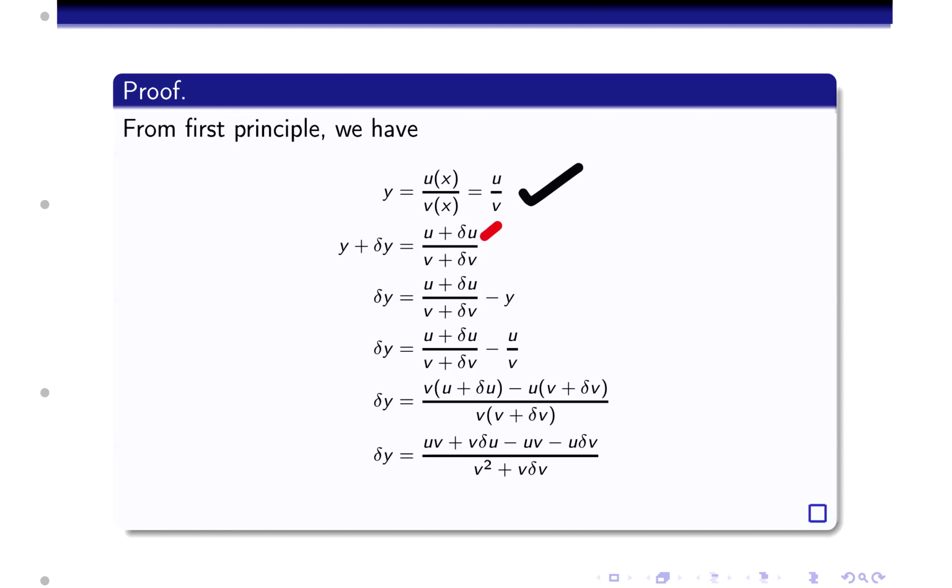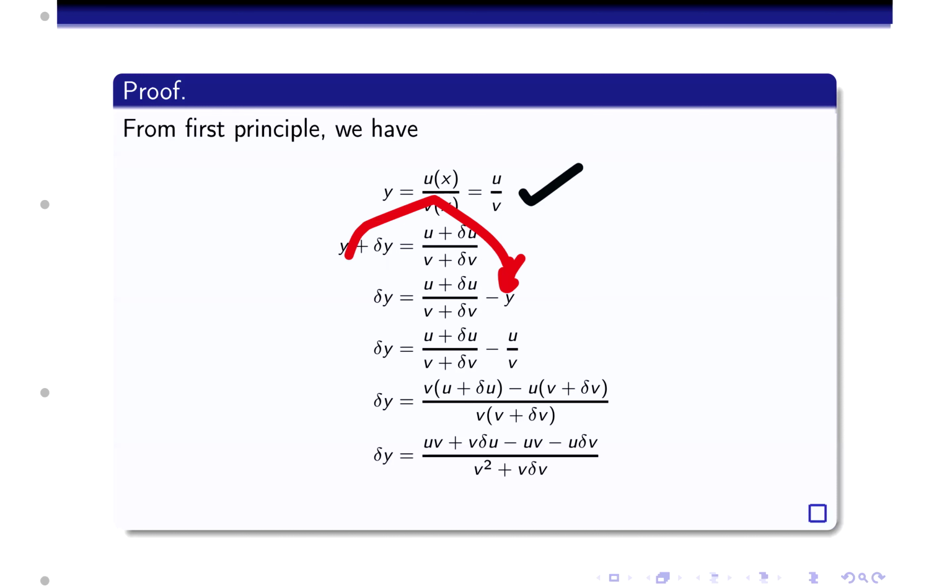That is, the little change delta u in u and the little change delta v in v results in a little change delta y in y. And if that is the case, then since we are looking for dy/dx at the end of the day, you can transfer y to the other side and you get delta y equals (u plus delta u) over (v plus delta v) minus y. And don't forget, when you started out, y was u over v.